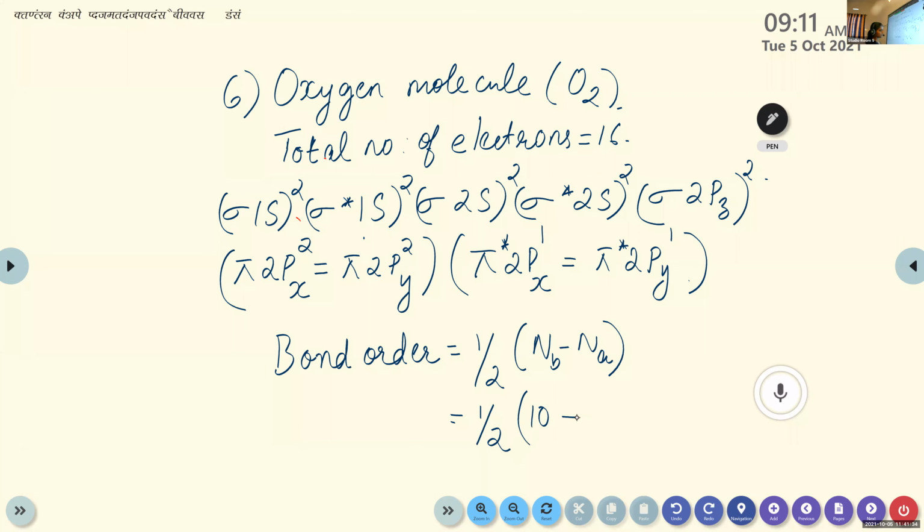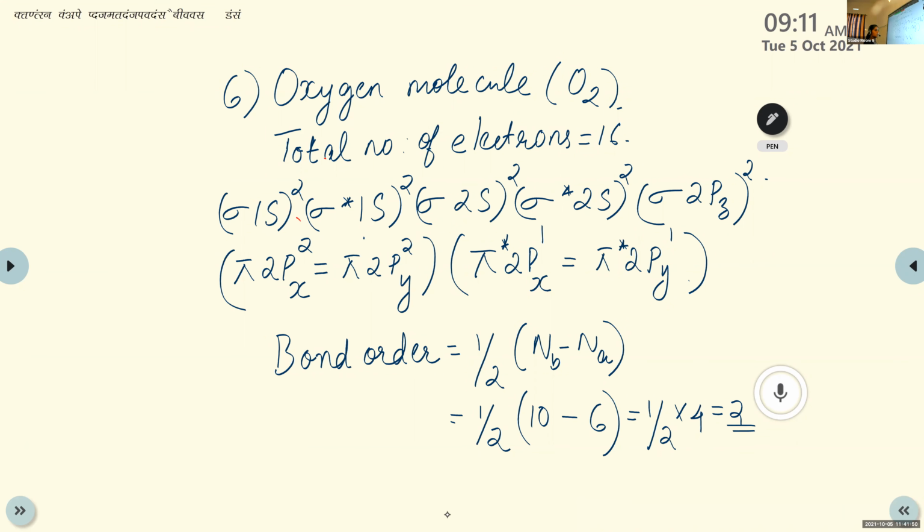Then what about anti-bonding? 2, 4, 6. Okay, 10 minus 6, so half into 4, that is equal to 2. So which type of bond? Single bond, double bond, or triple bond? Double bond.